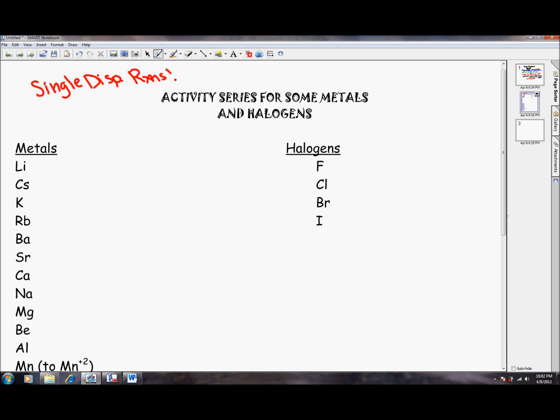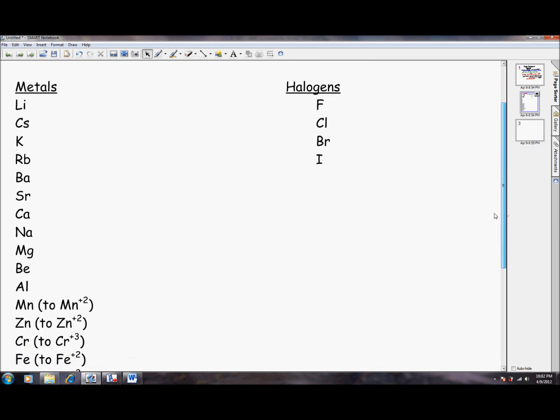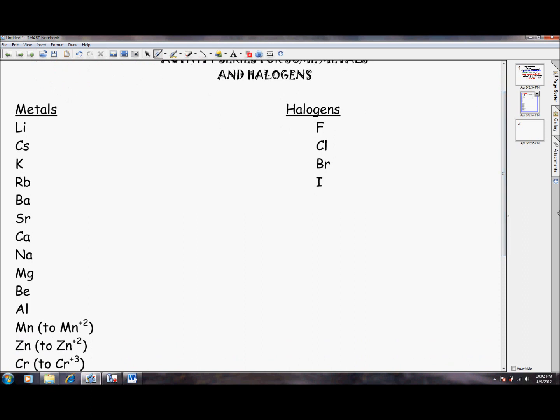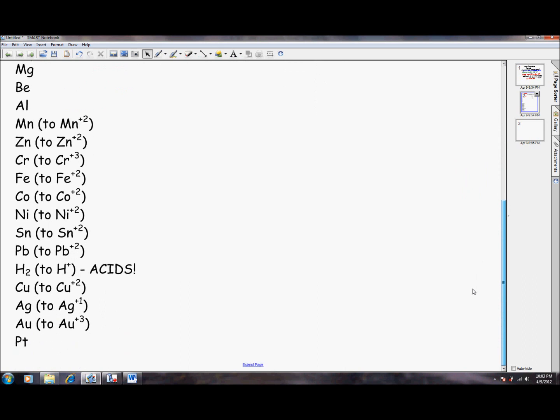Now, the way the activity series works is, on the left-hand column is a way to compare metal to metal. The top of the column are the more active metals, and the bottom of the column are the less active metals.